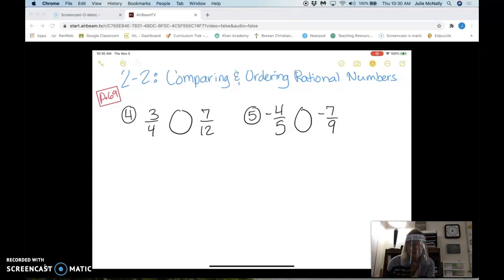What'd you say, Bella? I think it's 3/4. Okay, Bella's predicting 3/4 is bigger or smaller? Bigger. Okay, so when I divide 3/4 on my calculator, I get this decimal. And what about 7 divided by 12?